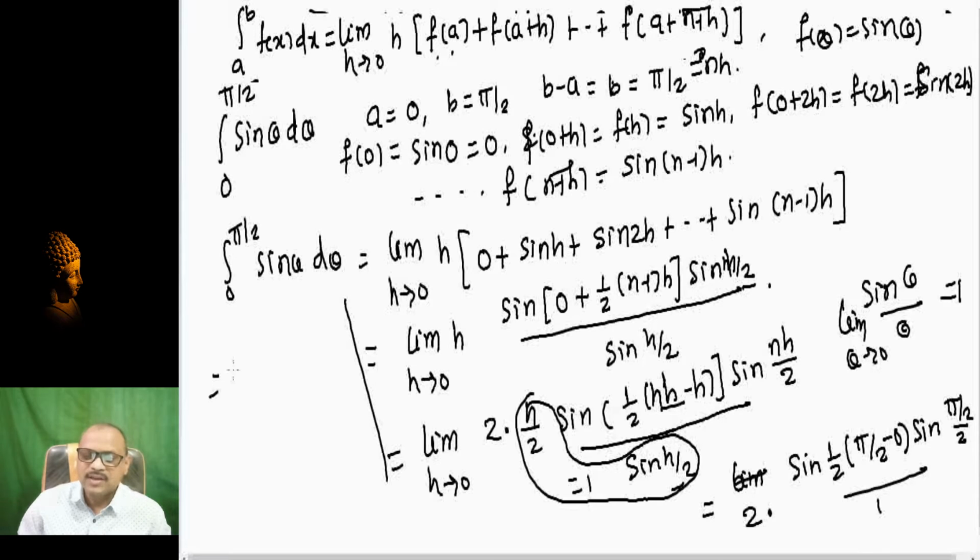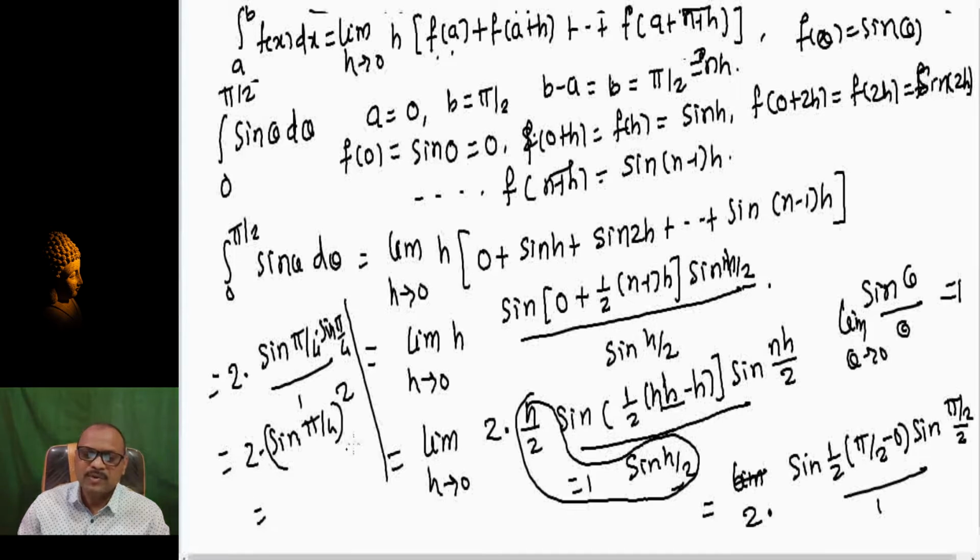Therefore this is equal to 2 into sine of pi divided by 4 into sine of pi divided by 4 divided by 1, that is 2 into sine pi divided by 4 whole square. Sine pi divided by 4 is 1 divided by under root of 2.